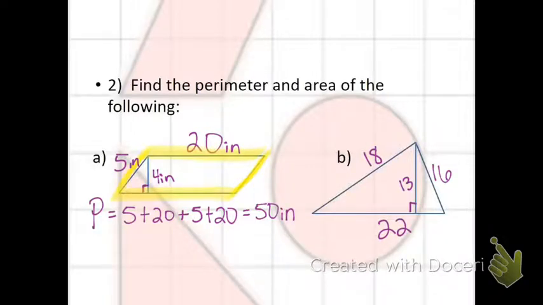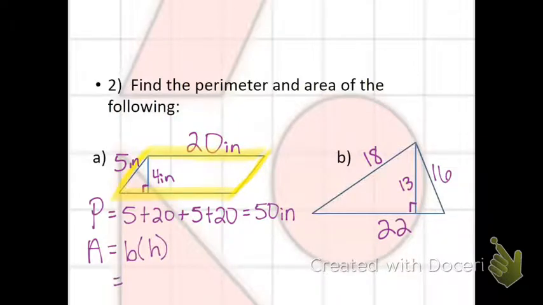And then that's all there is to it for perimeter. For perimeter, we will not use any segments inside or outside of the figure, only the edges of the shape itself. For area, well, I'm going to go ahead and tell you this is a parallelogram, so we need to take base times height.